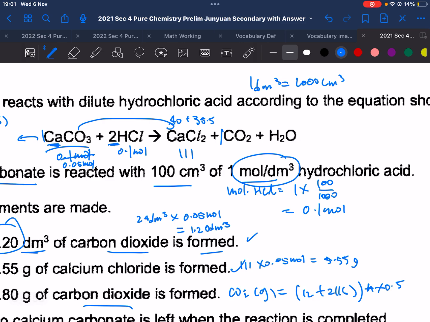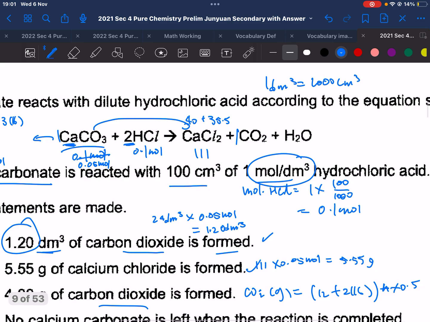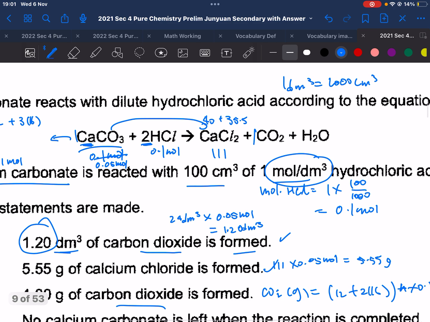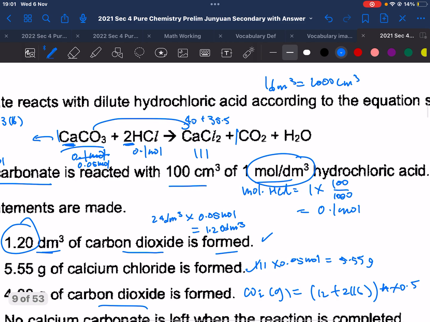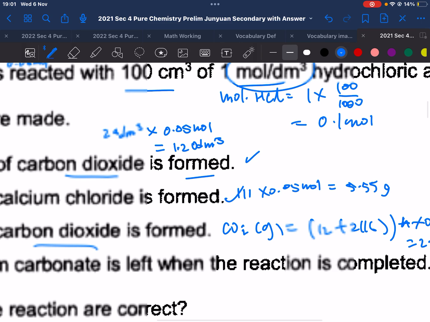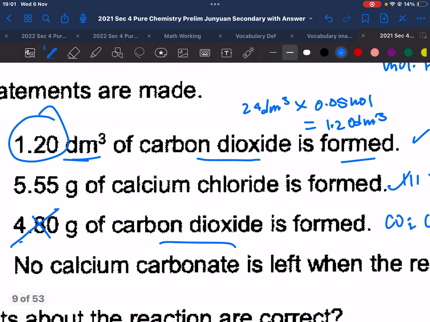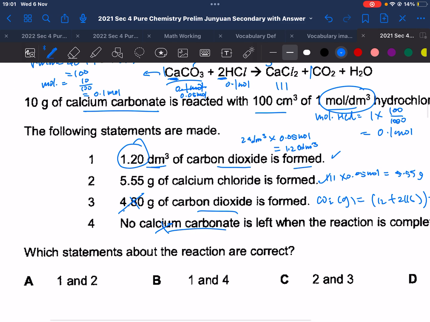Give me a sec. Oh yeah, this is not 0.5, it should be 0.05. It should be around 2.2, which is not this. No calcium carbonate is left? Again, calcium carbonate is in excess, so there will be calcium carbonate left, so this is wrong. The answer should be 1 and 2.